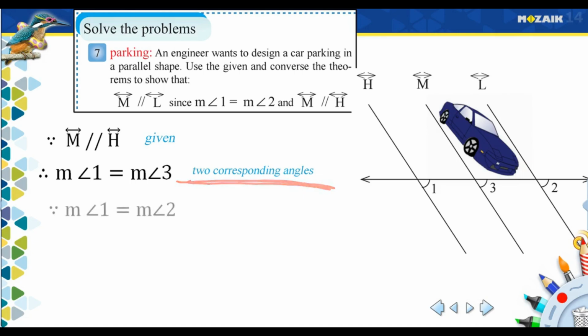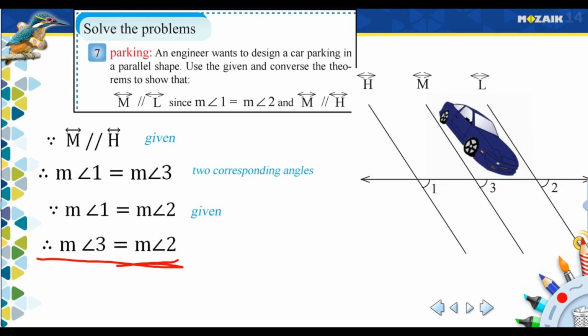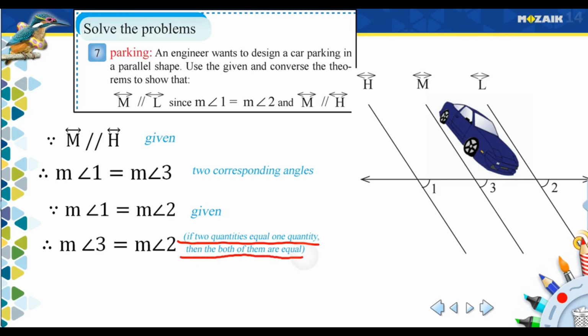And measure of angle 1 equals measure of angle 2, that is given. Then measure of angle 3 equals measure of angle 2. Why? Because if two quantities are equal to one quantity, then both of them are equal.